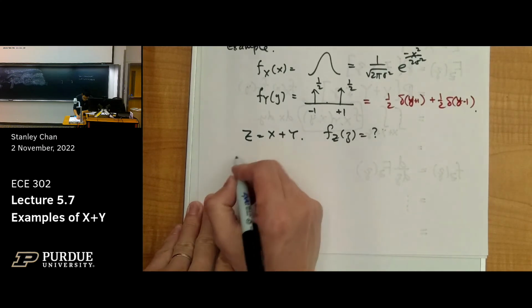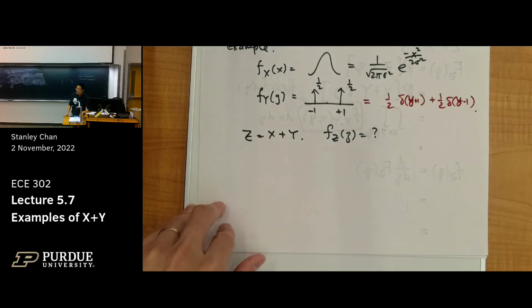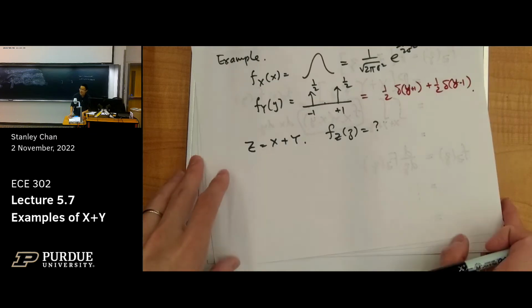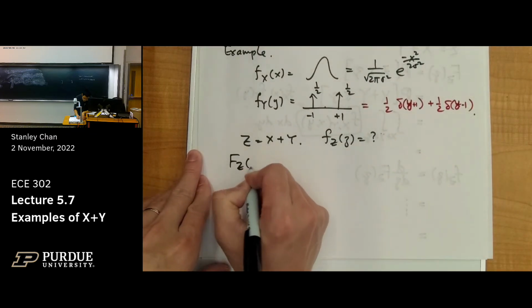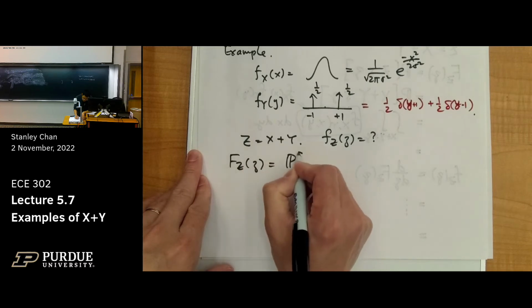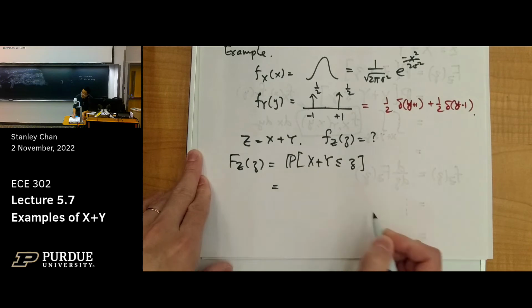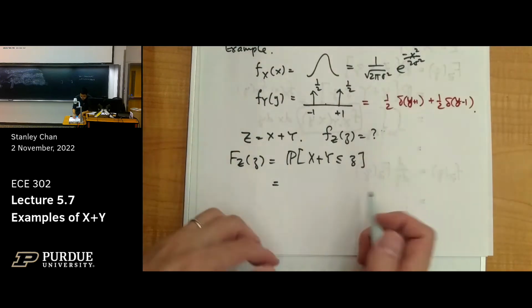To start with, I will not try to remember the formula, because I'm such a bad person to remember things. So I will start from scratch. I will still try to find F_Z of z, which is the probability of x plus y less than z. It's still the same thing, regardless of what distribution I have.